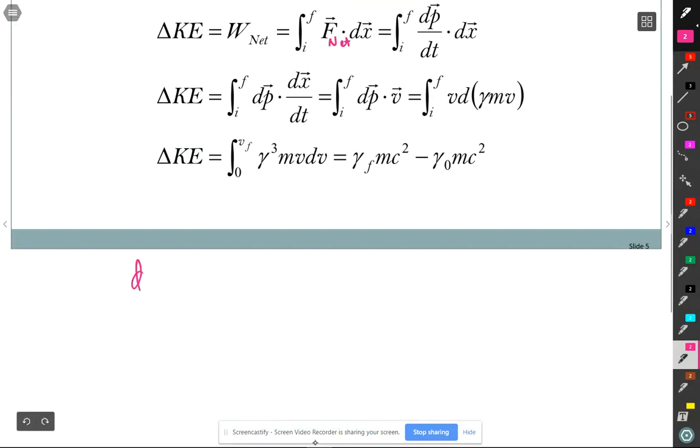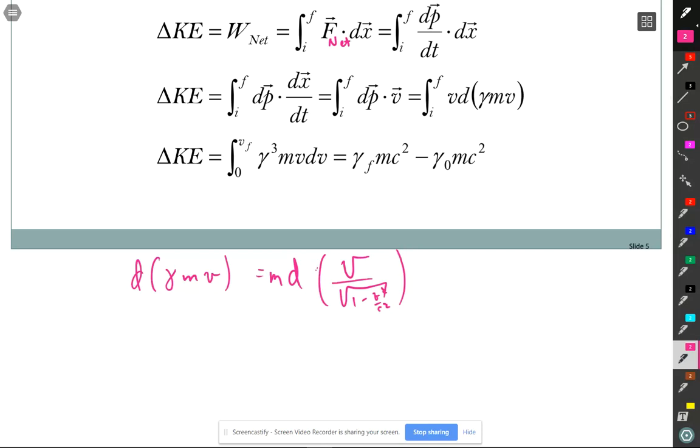The parallel component, they're parallel to each other. So there I replaced the gamma with 1 over the square root of 1 minus v squared over c squared. My v and my square root look a lot alike, don't they?